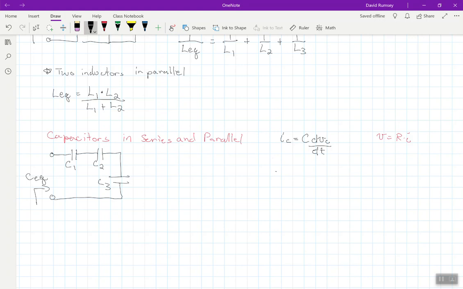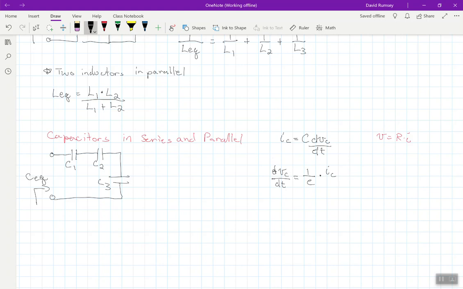Well, I could rewrite this as the derivative of the voltage is equal to 1 over C times the current here. So now we also have an issue here that this isn't truly voltage, this is derivative of voltage, but we can see right here we're going to have some kind of different type of relationship here.